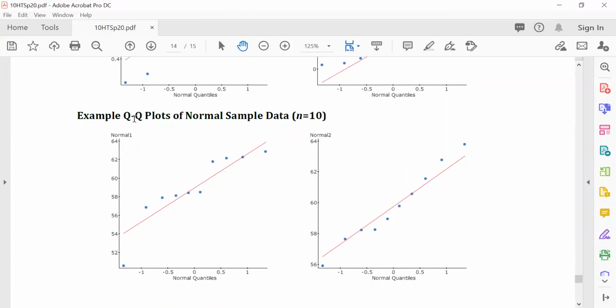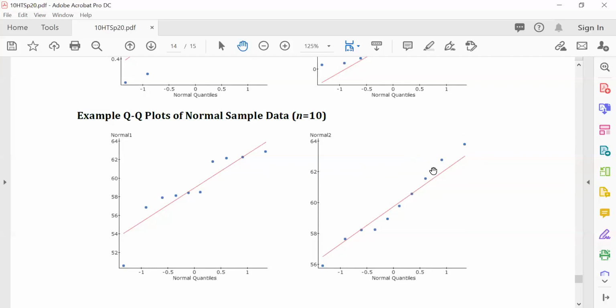Your y-axis is your sample quantiles. If your sample is coming from a normal distribution, we are trying to see that all the blue dots are very close to this theoretical straight line. That is, if your dots are falling on this theoretical line, then it follows a normal distribution.